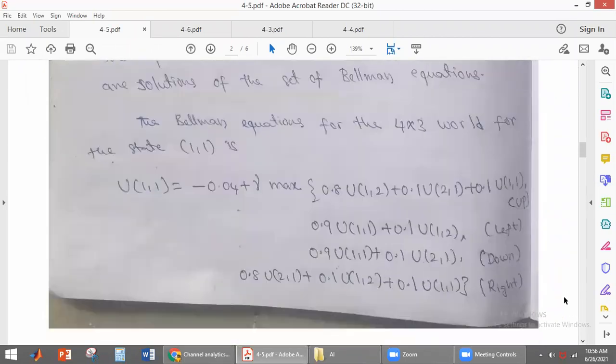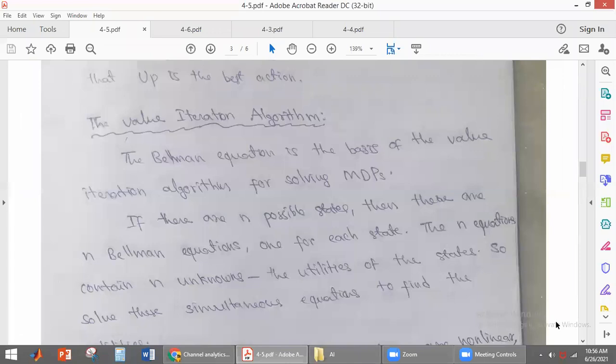So now what are we doing? We are finding the value iteration algorithm. In the value iteration algorithm, we are finding the optimal policy, meaning the set of actions the agent has to perform to reach from the initial state to the terminal state. For this algorithm, the Bellman equation is the basis.